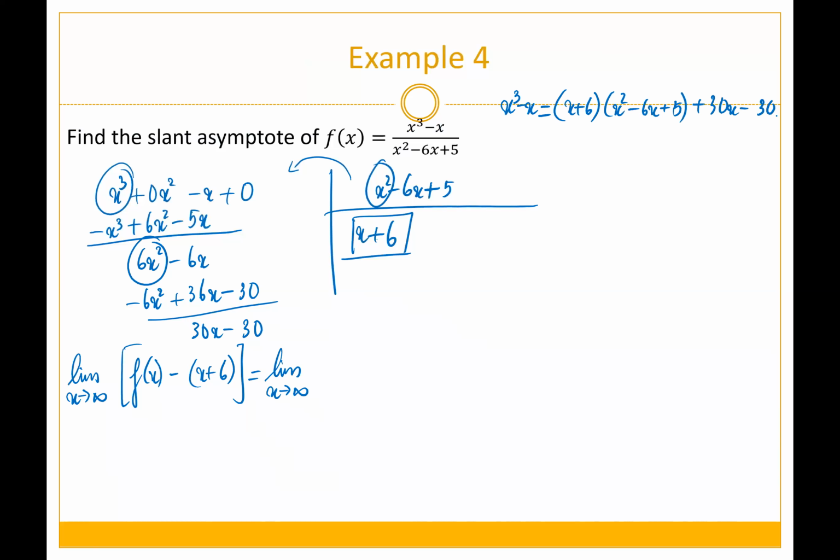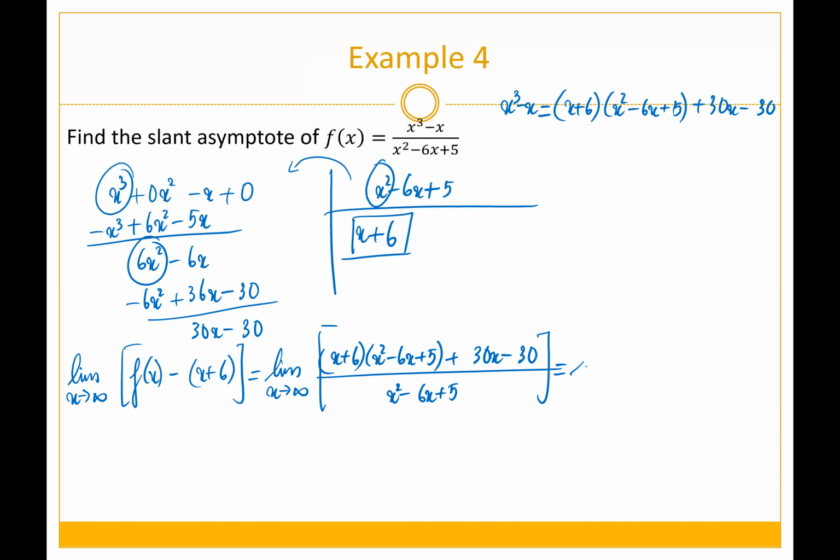So f(x) is going to be x cubed minus x, replaced by (x plus 6)(x squared minus 6x plus 5) plus 30x minus 30, and I divide the entire thing by x squared minus 6x plus 5.